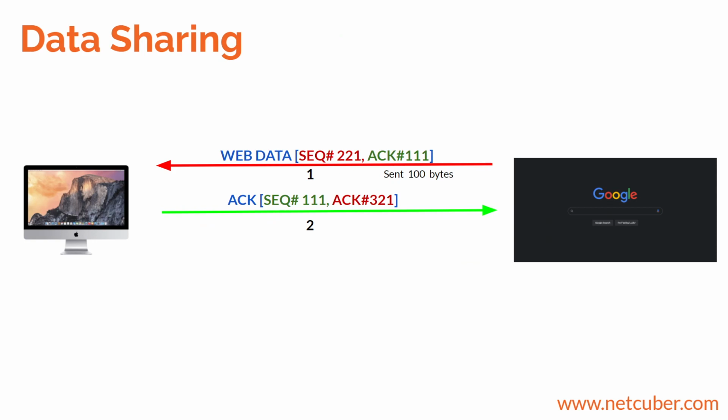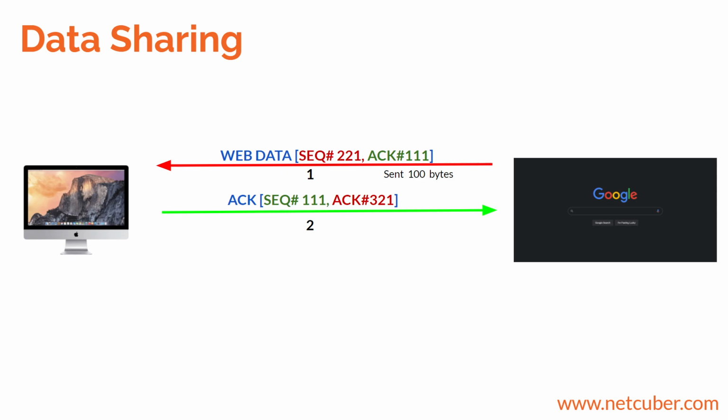After that, the web server is sharing the data. Again, they use the latest sequence number. When the server is sharing the data, let's say it has 100 bytes.